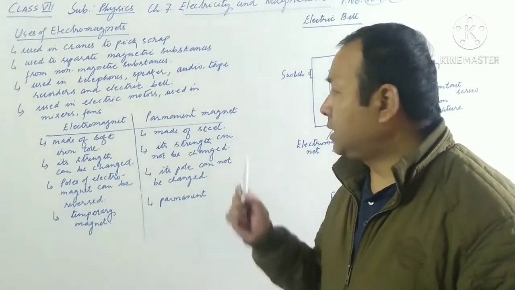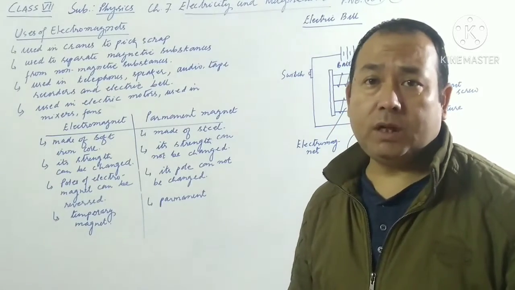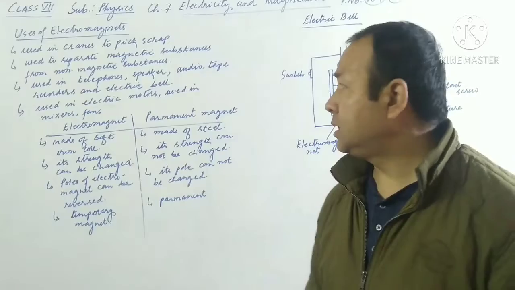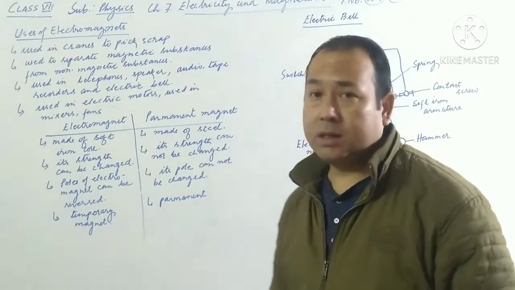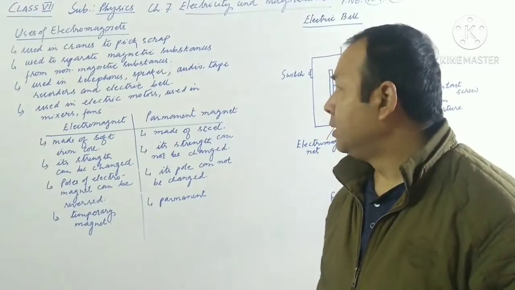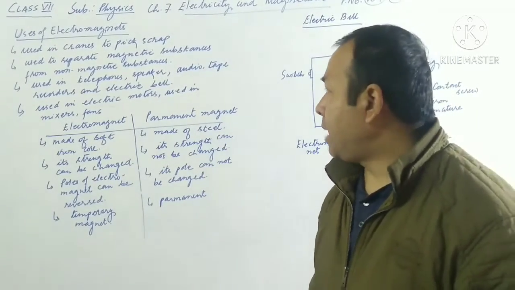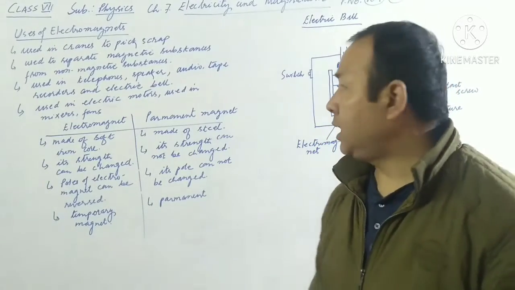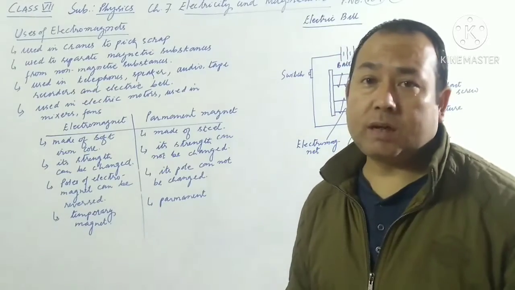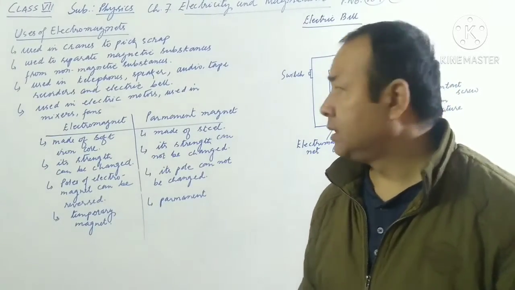Then the third point: electromagnets are mostly used in many electronic devices like telephone, speaker, audio tape recorder and electric bell. About the electric bell, we'll study how it is used there. It is also used in electric motors, and these electric motors are further used in machines such as mixers and fans.